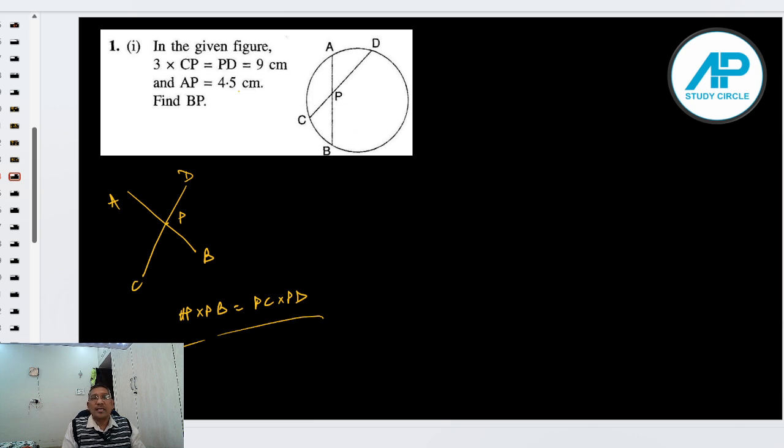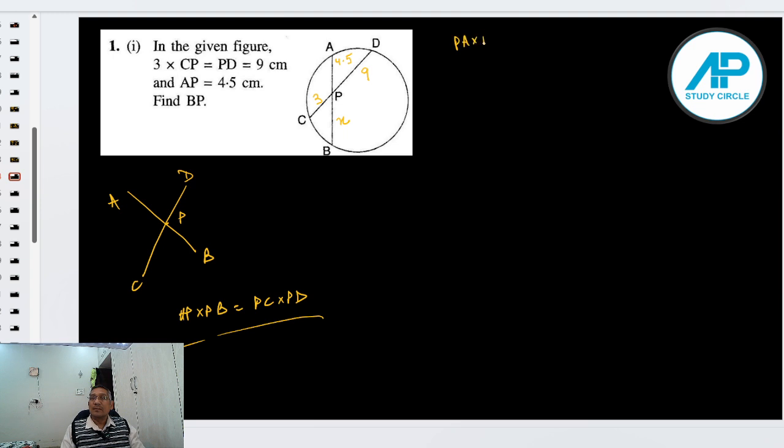They're saying that PD equals 9, CP equals 3, AP is 4.5. We need to find the value of BP.